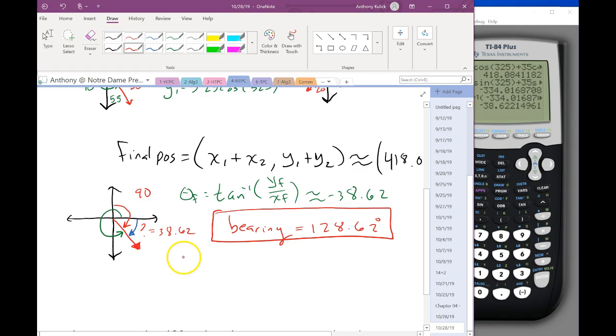And then we still have one last thing to do, and that's the speed. To do that, we can use the Pythagorean Theorem. We'll just take the square root of the final x squared plus the final y squared.